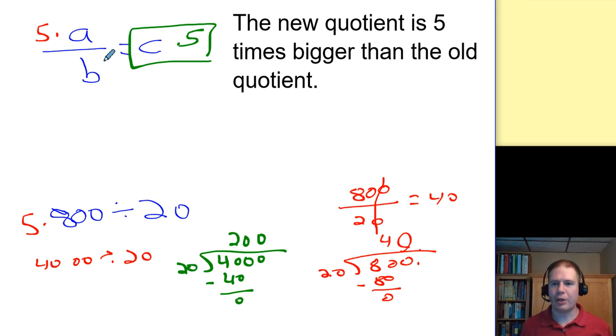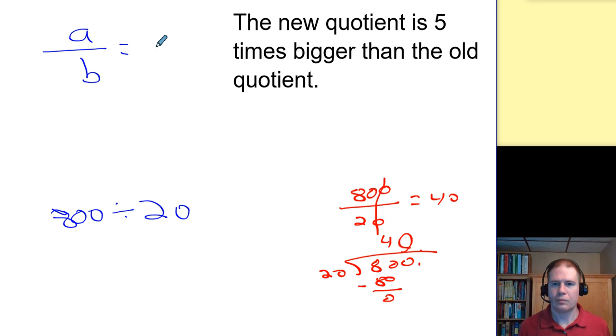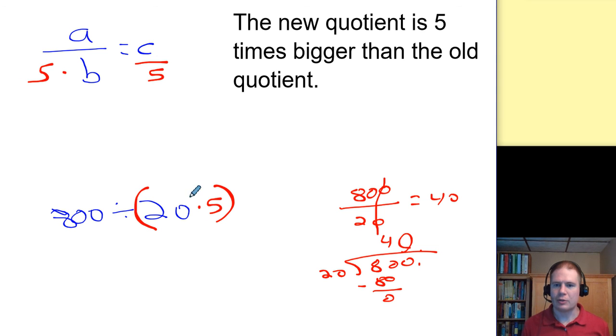Well, what happens if we make the bottom 5 times bigger? If we make the bottom 5 times bigger, we're multiplying times 5 down here, right? Our denominator is getting 5 times bigger, right? I'm not just dividing by 20, I'm dividing by 20 times 5, all of this.